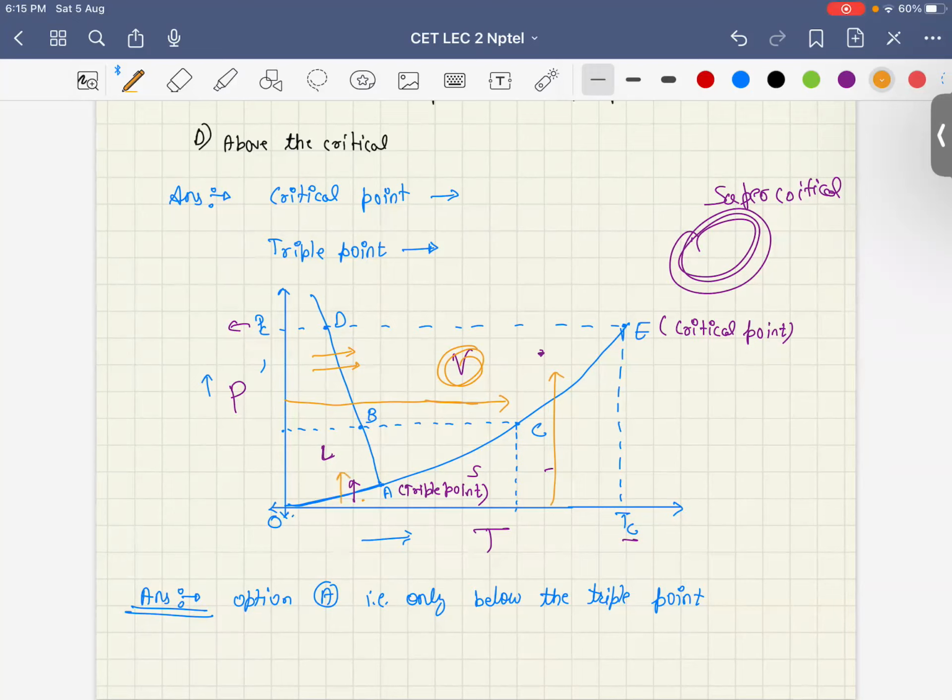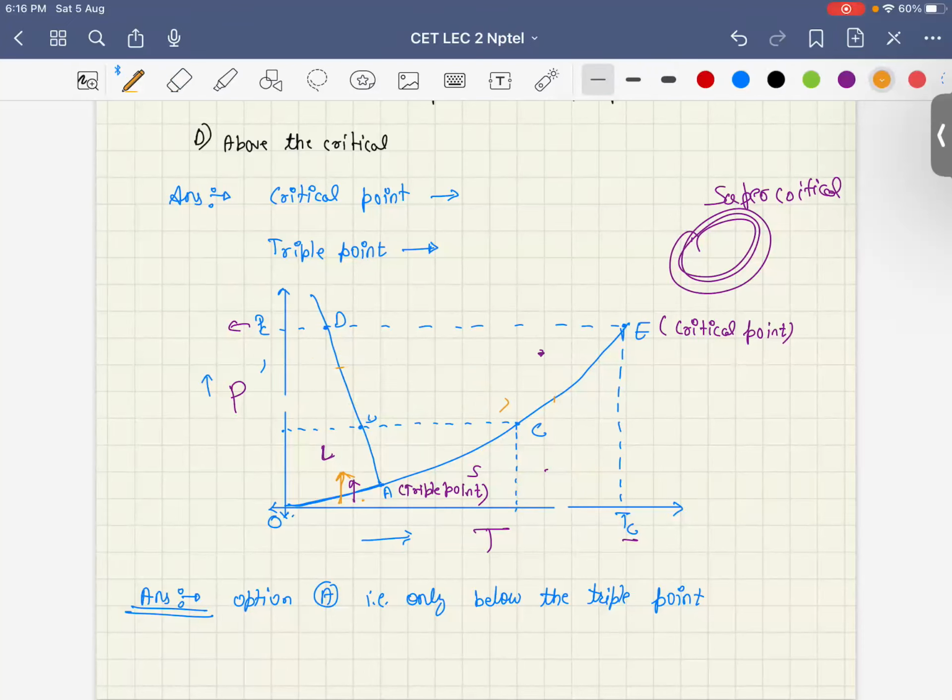If you start from a point below the triple point, then we see that. Let us take one condition like point C. You are below point C for a given temperature. For that temperature, if you start raising pressure, we expect that it will turn to liquid phase.